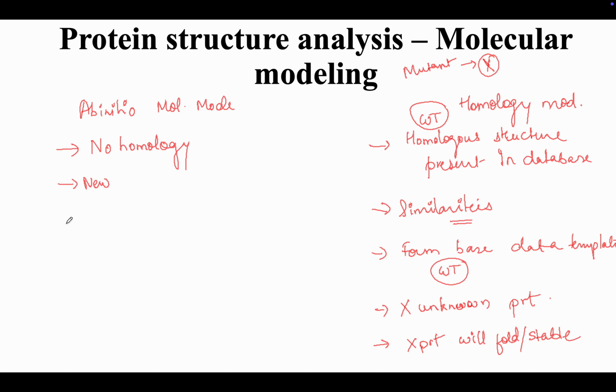It will predict a structure, and we can verify that structure based upon different energy parameters, or we can also use a Ramachandran plot to check whether they are satisfying the dihedral angles and the bond length.